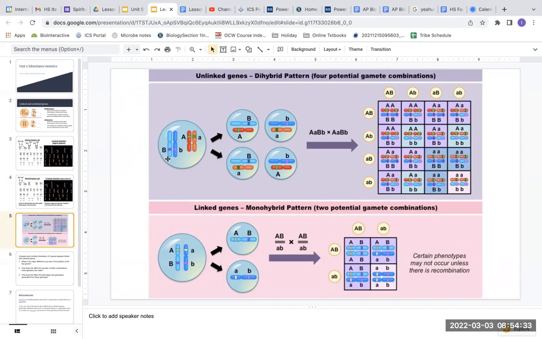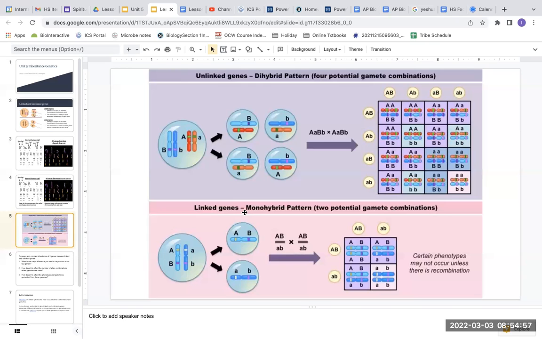The A and the B represent the genes. And you can see on this side, these are all the different combinations of alleles that you can get. And when you fertilize them, you get a lot of different genotypes and phenotypes.